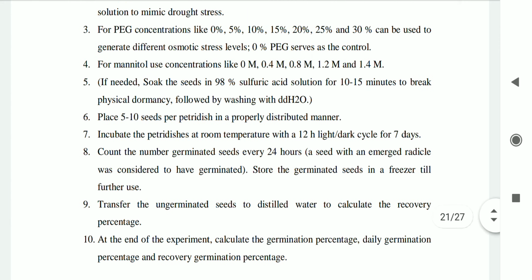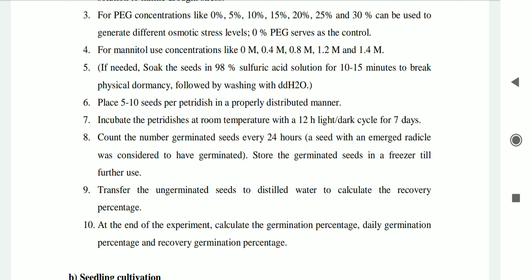It can be chemical dormancy or physical dormancy. Physical dormancy means the seed is not germinating because of its hard seed coat. So this can be used for seeds which have a hard seed coat. If you are using a plant with very soft seed coats, which germinate easily, then there is no need to do this particular step.